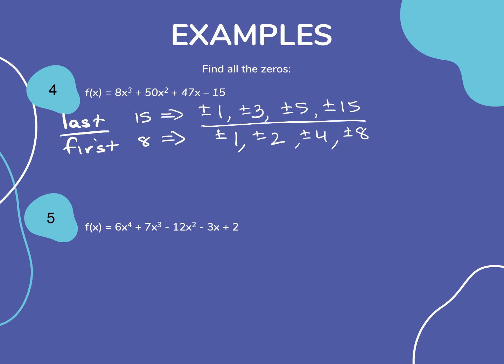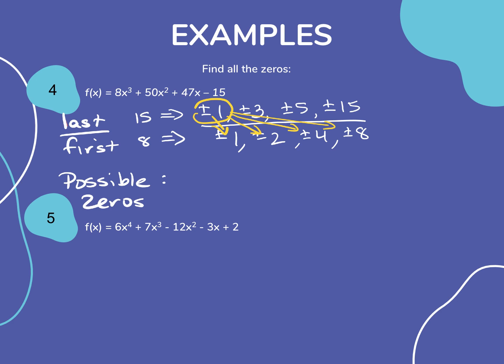Now, to get the list of possible zeros, and when you're doing this on WebAssign, what you need to do is enter them individually. It's not going to let you enter them in as plus minus. So what you're going to do is you're going to take the first term here, and you have to add each one of the denominators to that numerator.